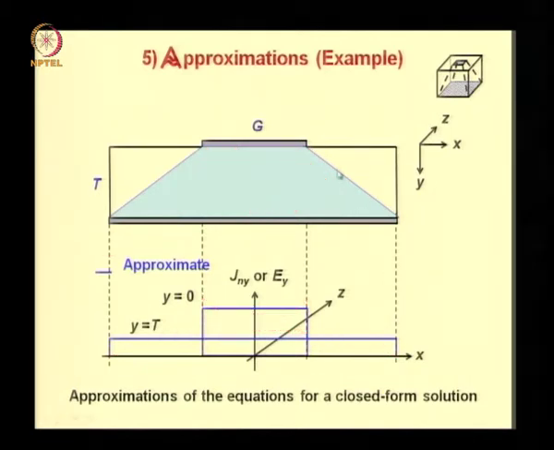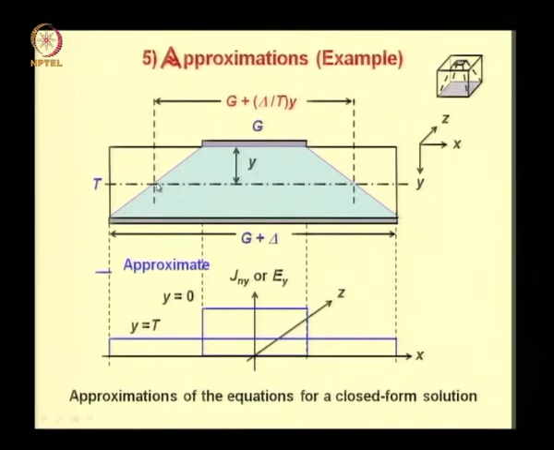So this is your approximate picture of the current flow pattern and the current density over the contacts, as well as at any horizontal cross section of the resistor.